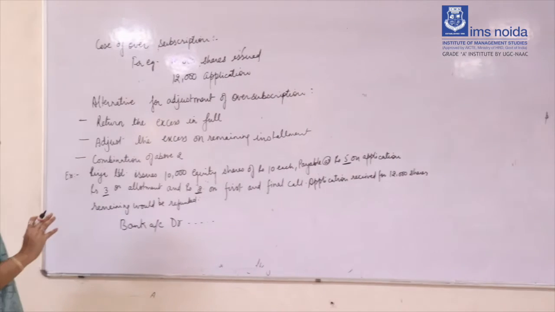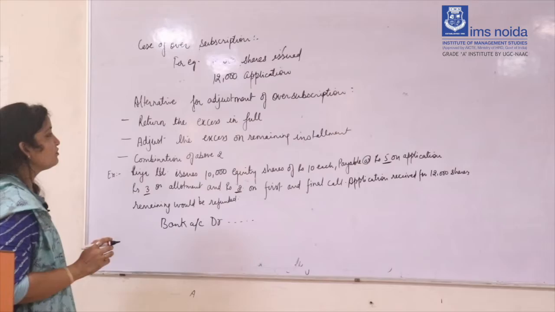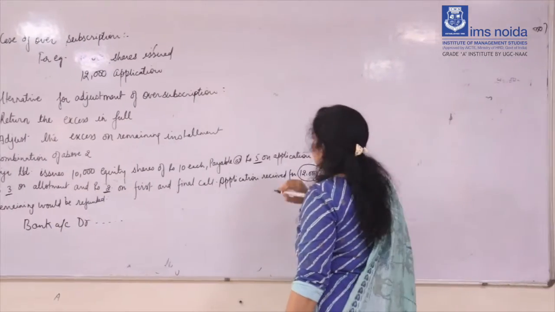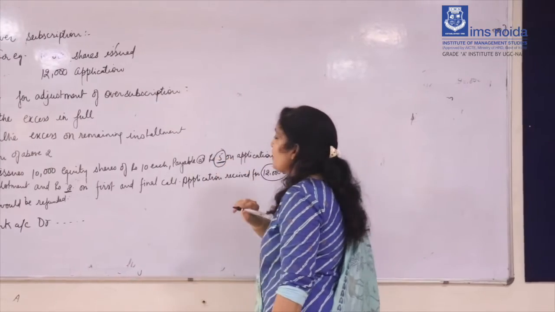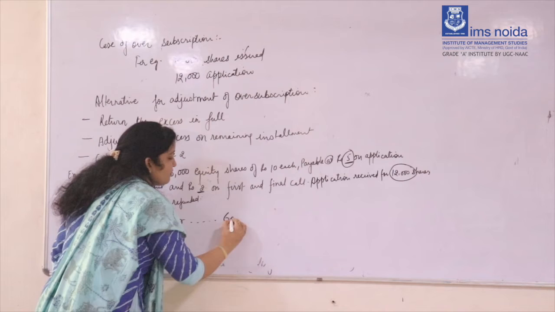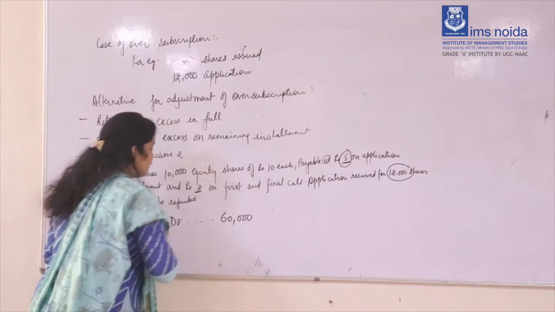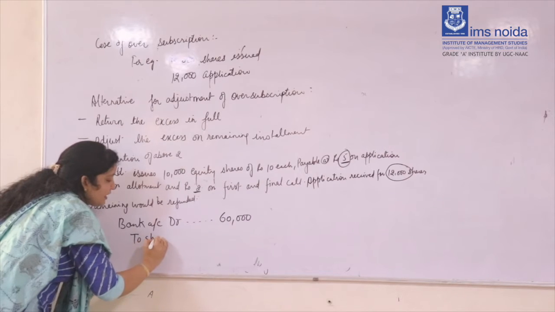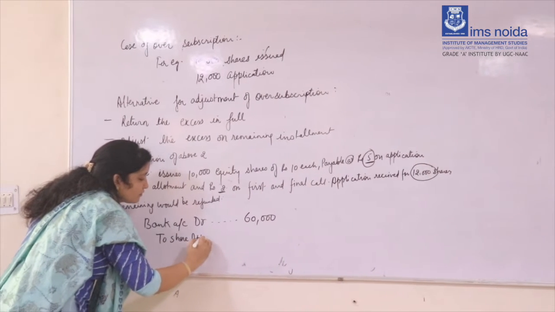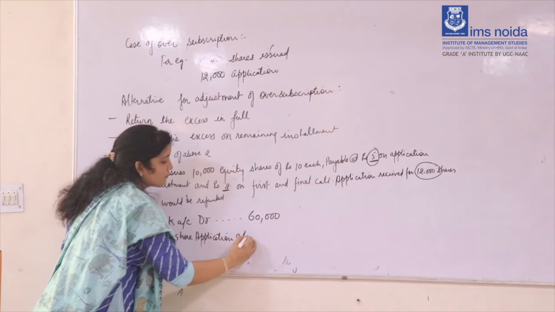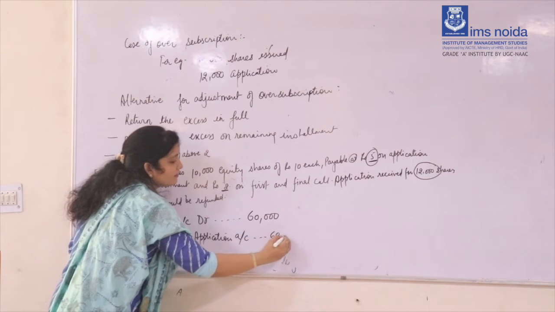Now we have received applications for 12,000 shares and the application amount is 5. So 12,000 multiplied by 5 gives us 60,000, to share application account, which is again 60,000.